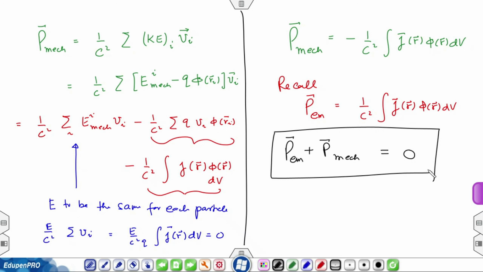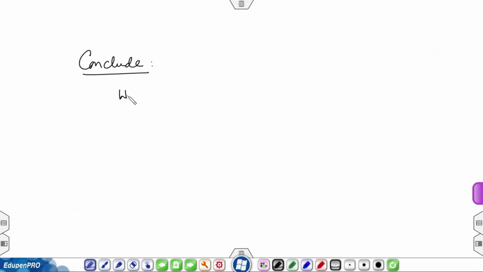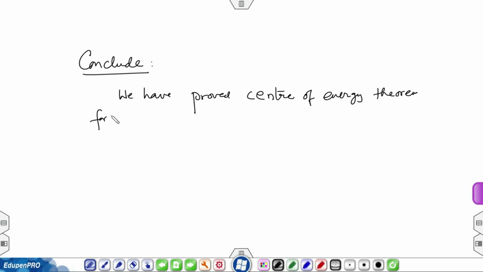So, to conclude the lecture, we have proved the center of energy theorem for a collection of charges.